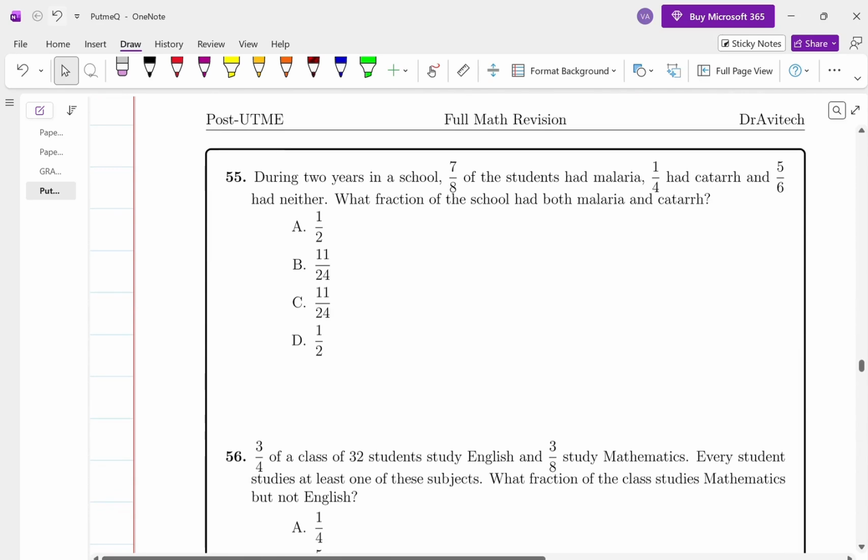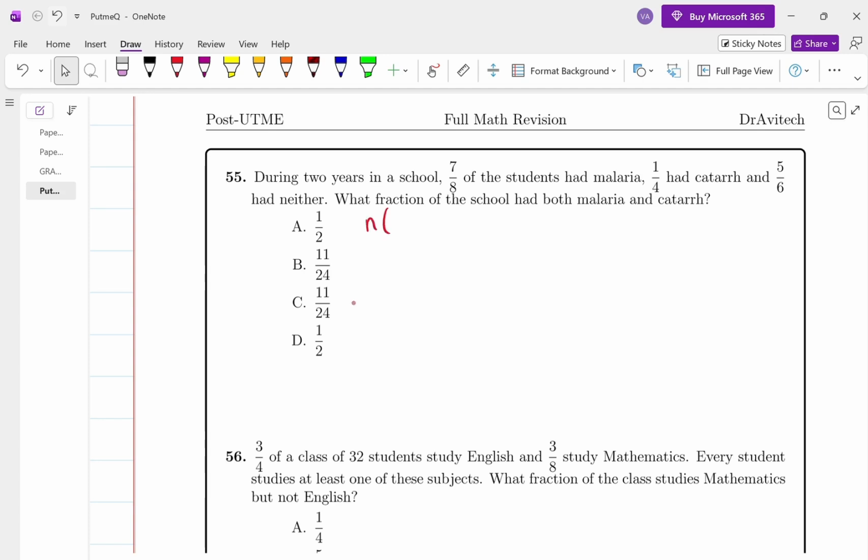So next, during 2 years in school, 7/8 of the students had malaria, 1/4 had catarrh, and 5/6 had neither. What fraction of the school had both malaria and catarrh? Okay, so for a start, since we're talking about fraction here, you need to know this formula.